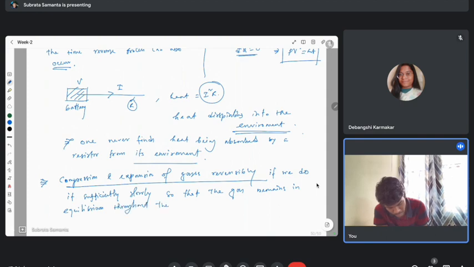This statement is very important: it remains in equilibrium throughout the entire process.